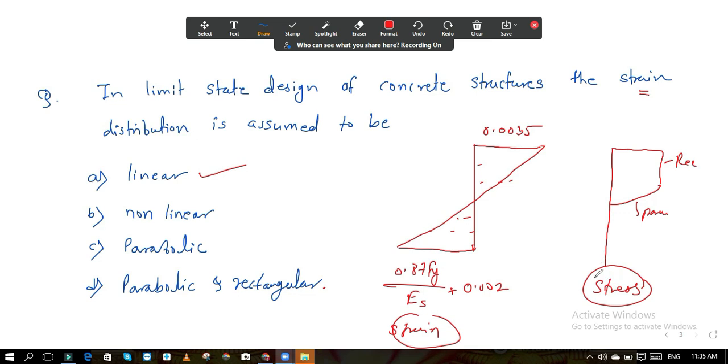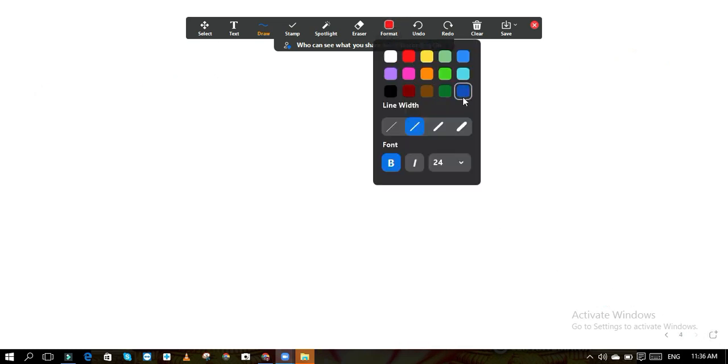It is for stress. Is it clear? So option D seems correct to us, but option D is for the stress distribution diagram and the question asks us strain. Okay, so please read the questions carefully. So now it is non-linear. Next question.